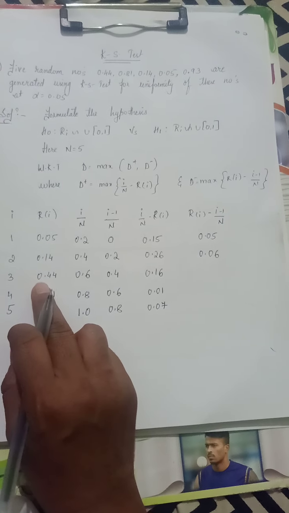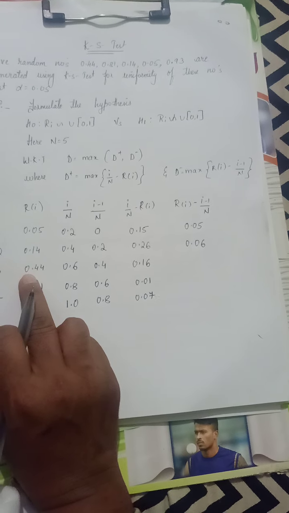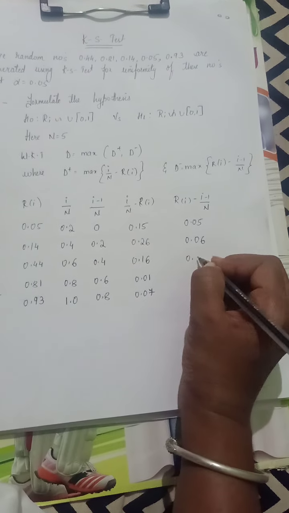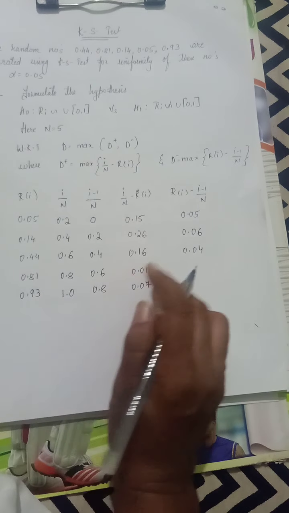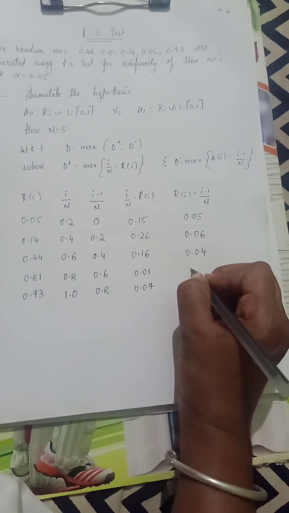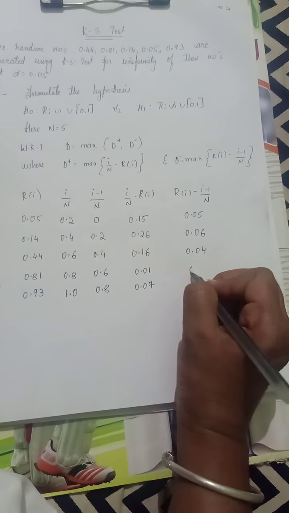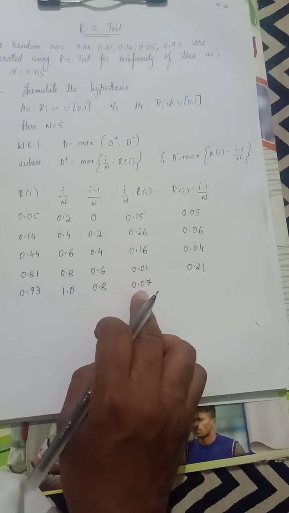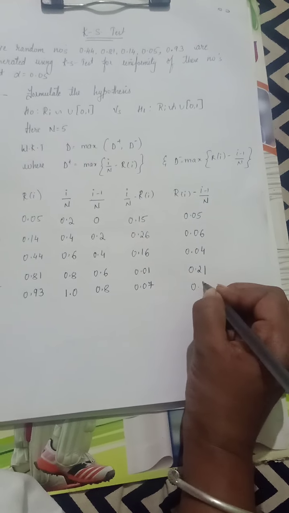The next, 0.44 minus 0.4 will be 0.04. The next, 0.81 minus 0.6 is 0.21. The next, 0.93 minus 0.8 will be 0.13.